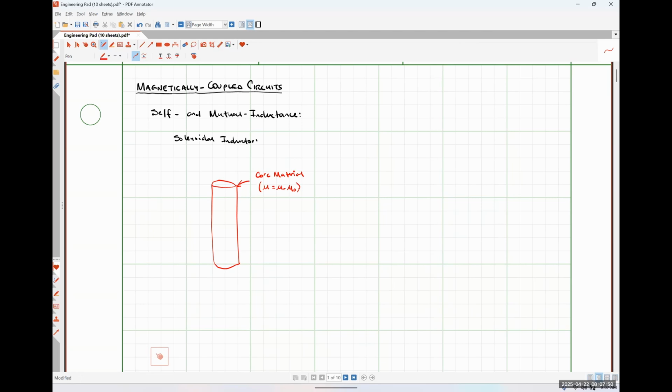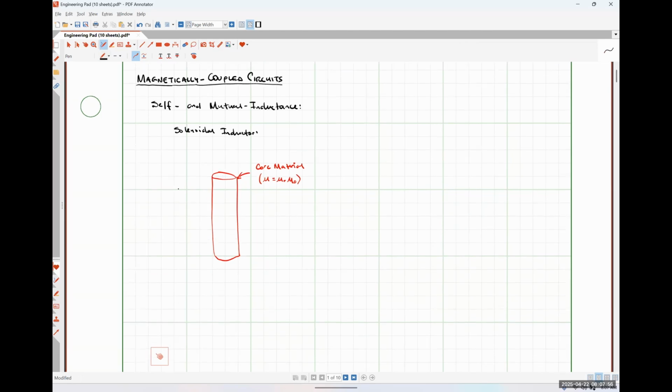So around this core material, I'm going to wind a wire. Like so. And I'm drawing these ellipses to represent that this coil of wire might be part of some larger circuit.